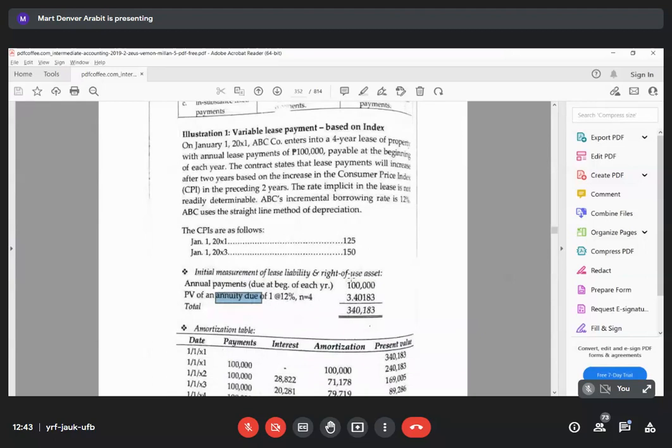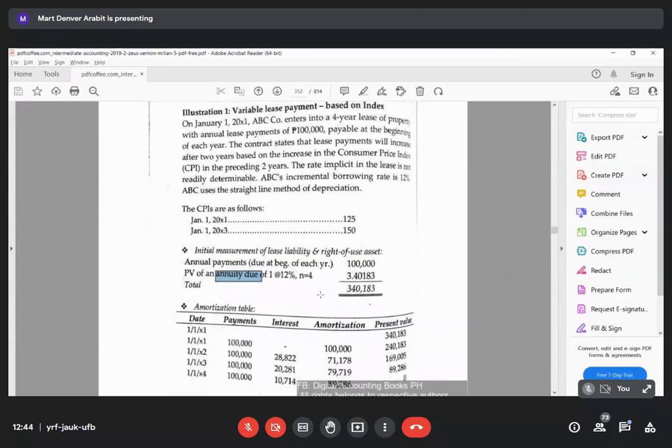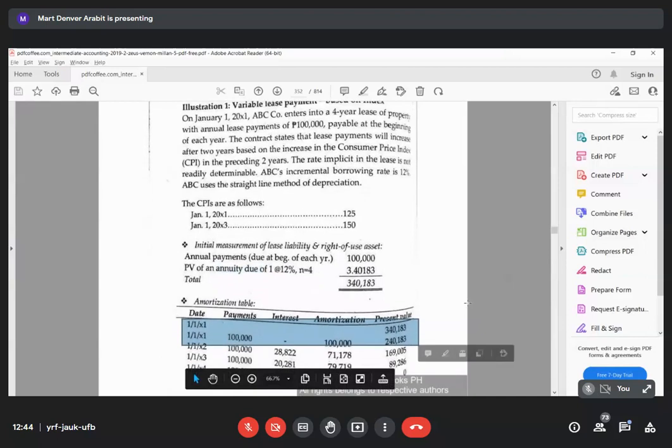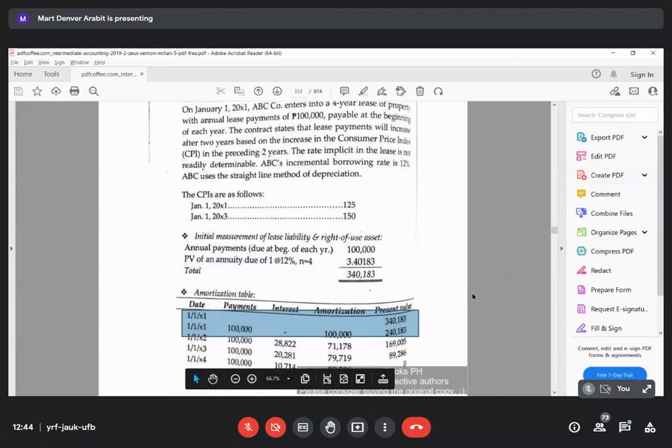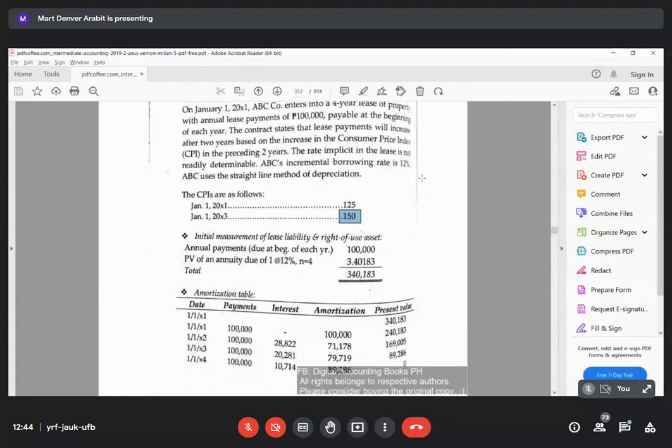So the total is 340,000. And for this example, this is the effective interest method. Okay? So there's a payment in advance. And then as of 2024, it is closed. But as of 2023, there's a change of CPI from 125 to 150.